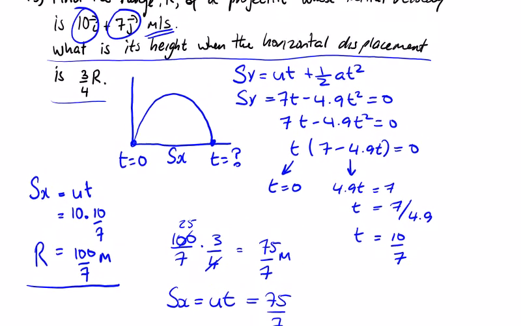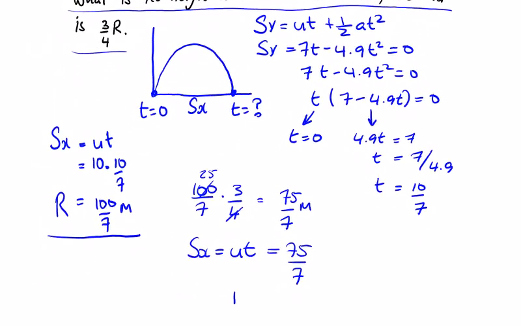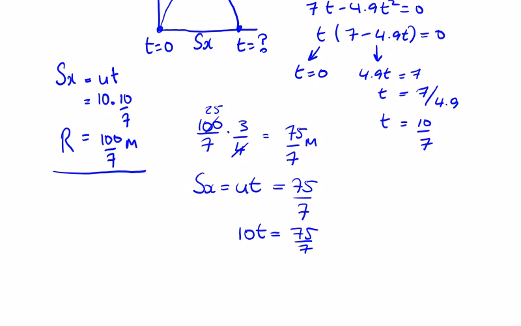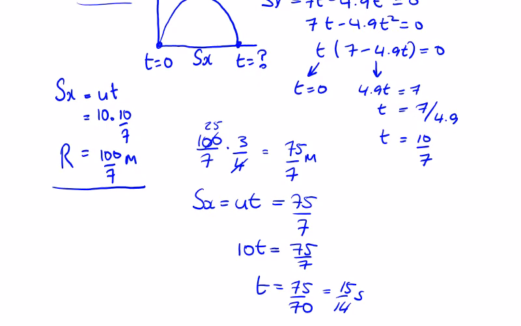And we have u is 10. So the time taken to get 3/4 is 10t is 75 over 7. So 70t is equal to 75, so t is equal to 75 over 70, which 5 divides in to 15 over 14. So that's the time taken to get to 3/4 of the range.